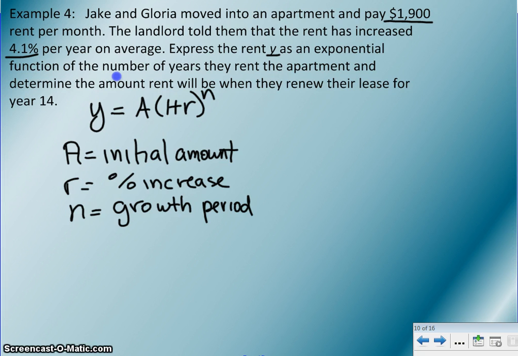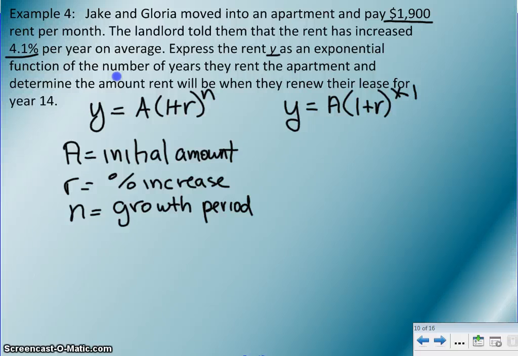And actually, when we write this, I'm going to rewrite it again in terms of X. It's Y equals A times 1 plus R all to the X minus 1, with X being my time in years.